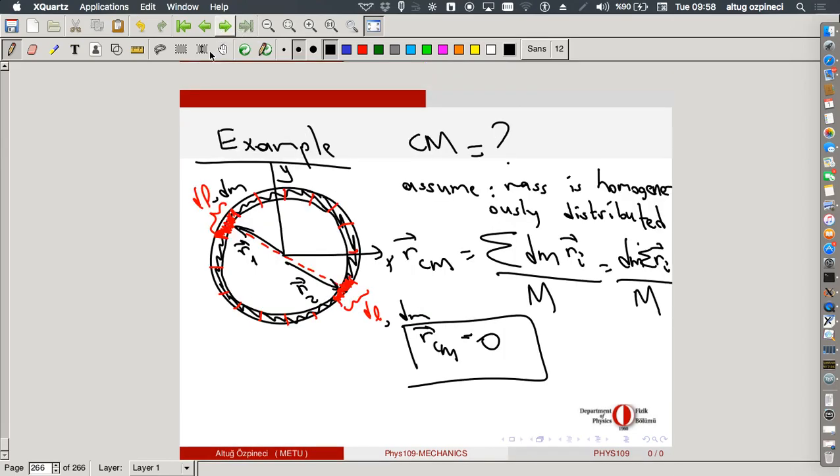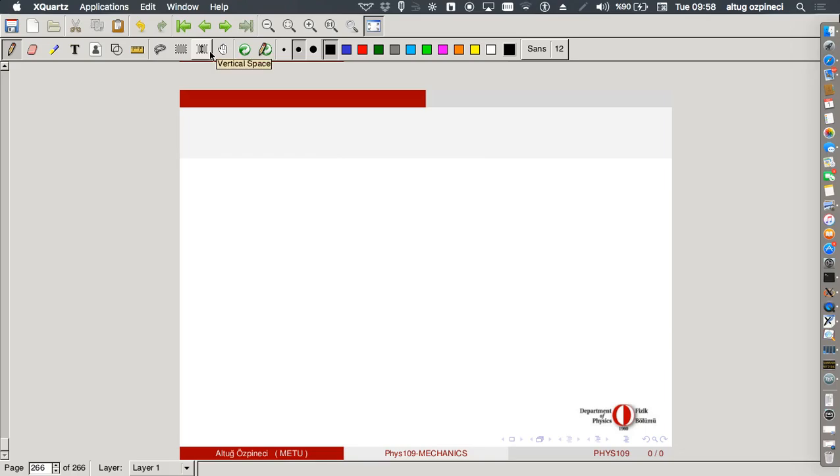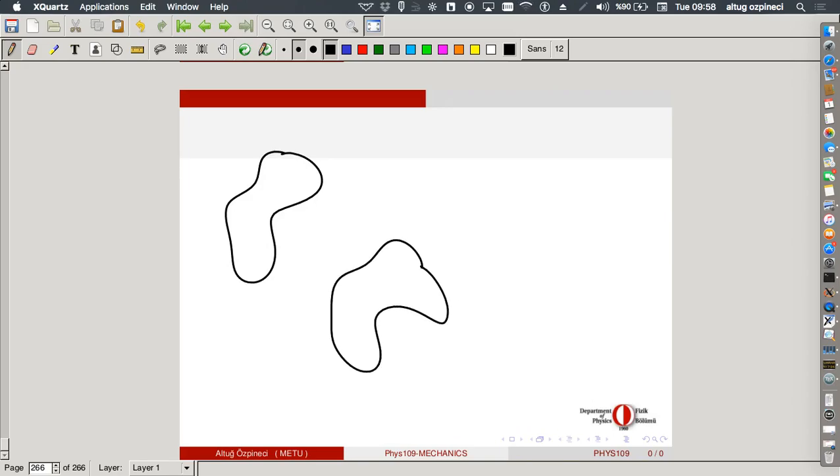First, let's show that we can use the same expression. Let me just assume two objects. This has a total mass m1, this has a total mass m2. This is the center of mass of the first object, this is the center of mass of the second object.